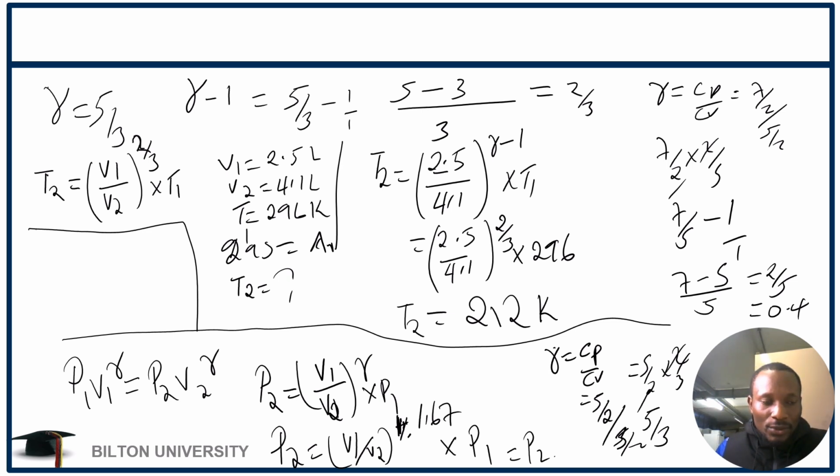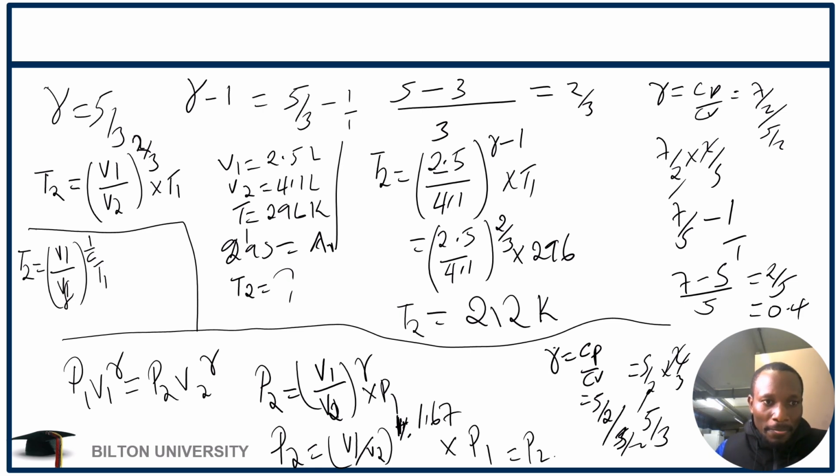Sometimes you will see that Tf, or T2, the final temperature, is equal to the ratio of initial volume and final volume times T1, raised to the power 1 over C. If you find this 1 over C, you are going to find the same value as if you were to look for gamma minus 1, meaning the type of gas must be the same for the value to be the same.